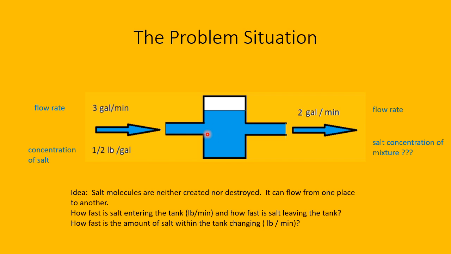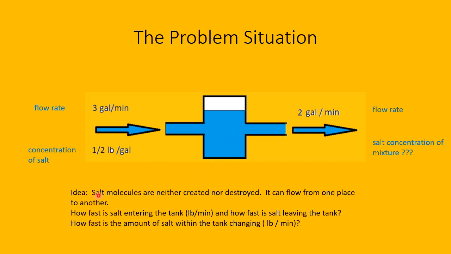We also have water flowing out of the tank at 2 gallons per minute, and right off the bat we don't know the salt concentration of this mixture flowing out of the tank. However, the concentration of salt coming out of the tank at a particular instant of time has to be the same as the concentration of salt in the tank at that time.